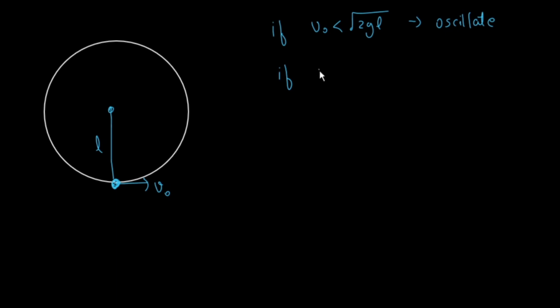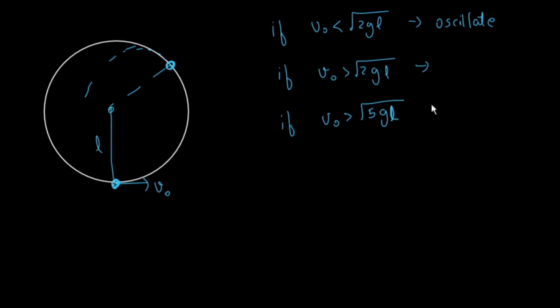If your v naught is greater than under root of 2gL, then it will reach somewhere here and then again perform the parabolic motion from here. And if your speed is greater than under root of 5gL, then it will perform full circle.